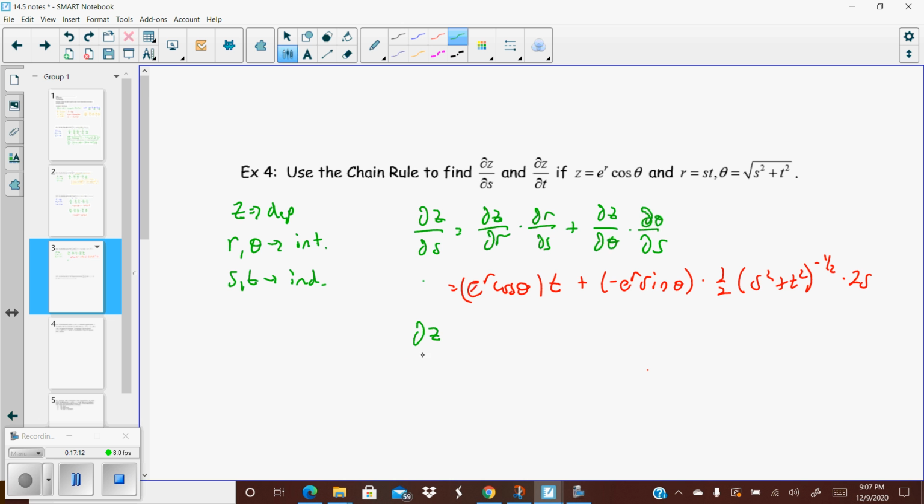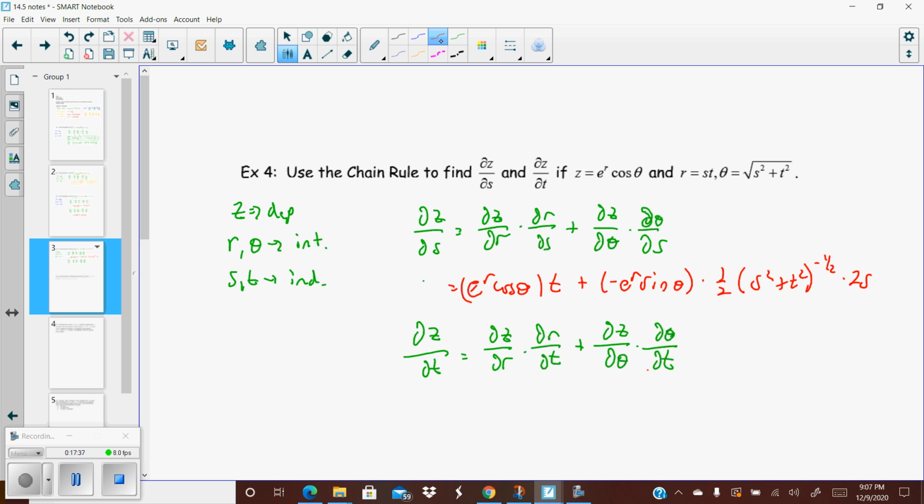Partial derivative of z now with respect to t is the partial of z with respect to r times the partial of r now with respect to t, plus partial of z with respect to theta times partial of theta with respect to t.